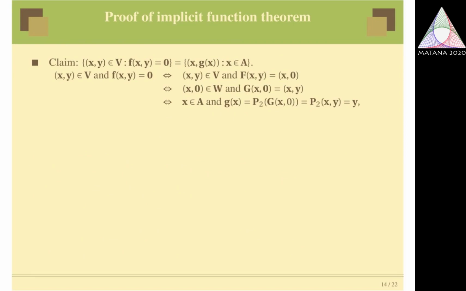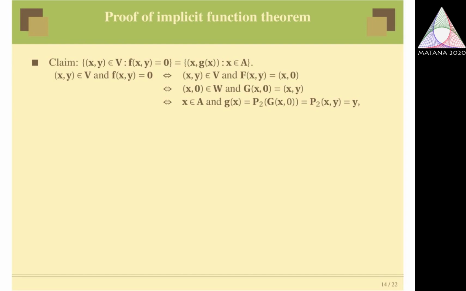We note that (x,y) belongs to V such that small f of (x,y) is equal to 0 is equivalent to (x,y) belongs to V with capital F of (x,y) equal to (x,0). This is equivalent to (x,0) belongs to W and capital G of (x,0) is equal to (x,y).